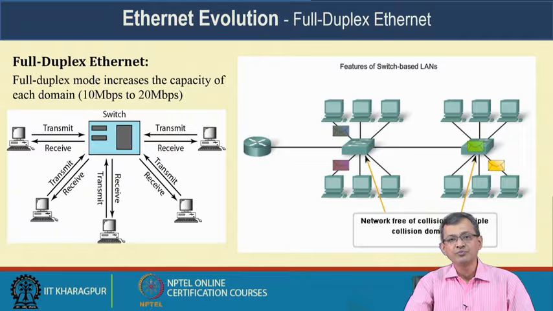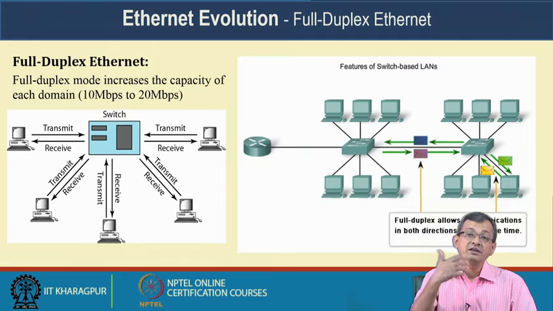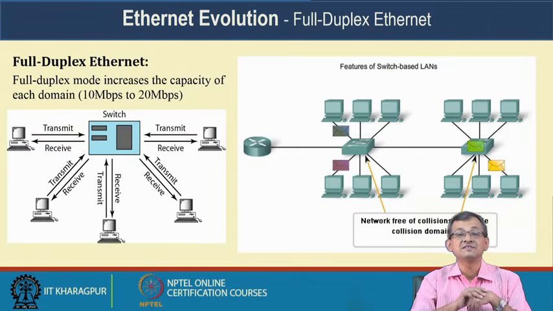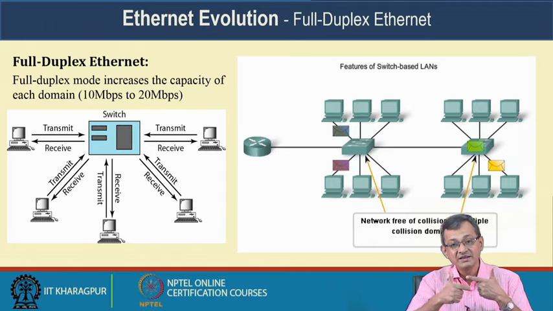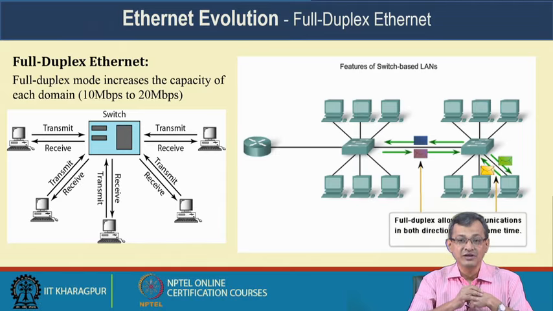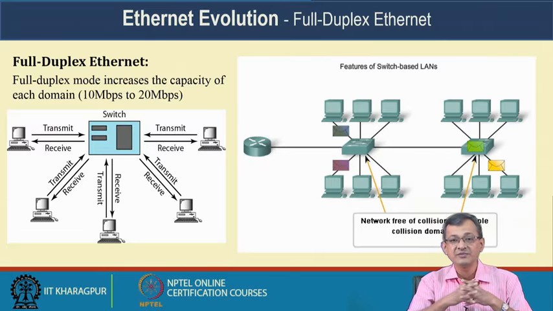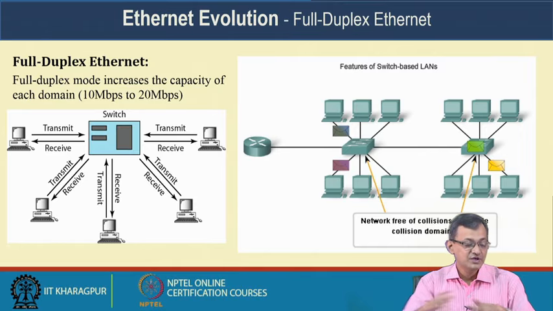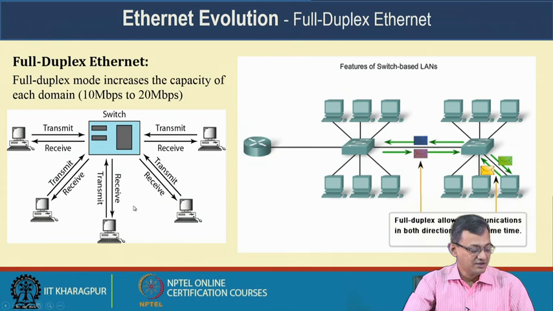As we are showing in the picture, this is full duplex, so it increases somewhat to double. In other words, we have separate transmit and receive lines, so the transmitter and the receiver are not colliding with one another. So effectively 10 Mbps is increased to 20 Mbps, as all our transmit and receive lines are different.